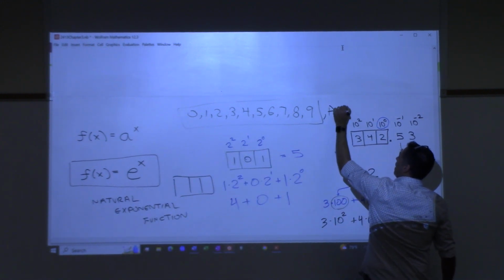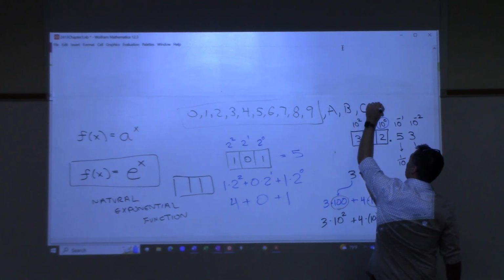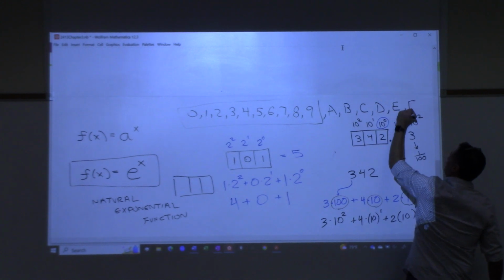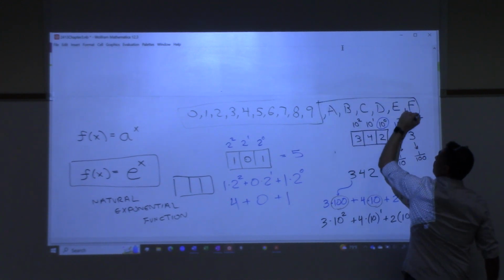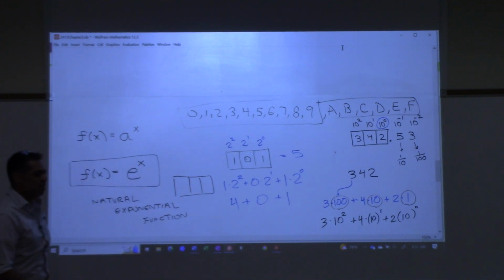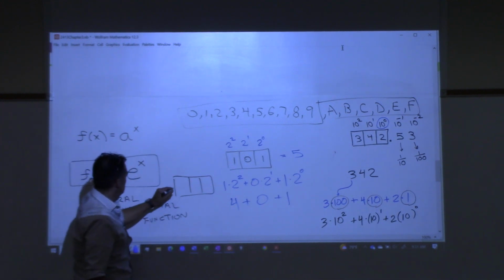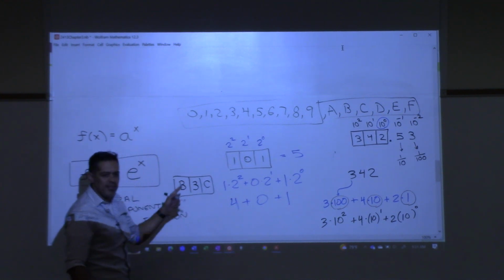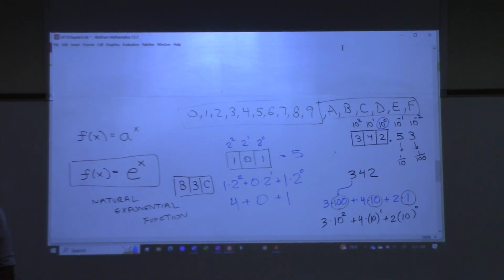A, B, C, D, let's see, 10, 11, 12, 13, 14, 15. In hexadecimal, you are allowed to use those as your digits. So you can actually have B, 3, C as a hexadecimal number.